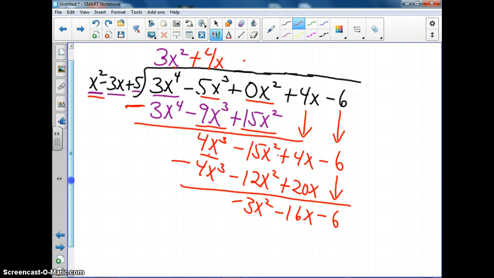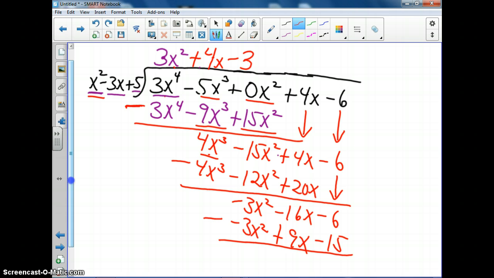Negative 3, good job. Negative 3 now you write down. Now you turn around and you multiply. Negative 3 times x squared is negative 3x squared. Negative 3 times negative 3x is positive 9x. Negative 3 times positive 5 is negative 15. What do you do next? You subtract again. So draw your line.